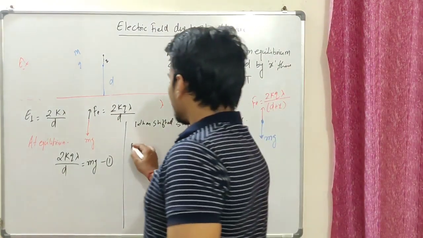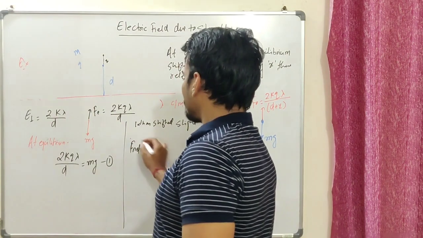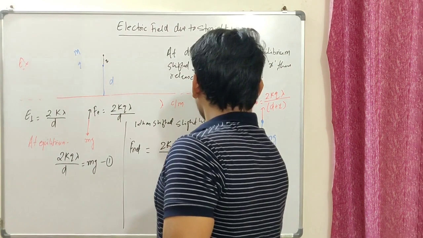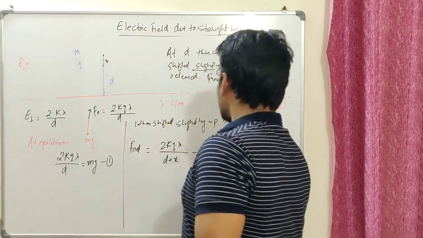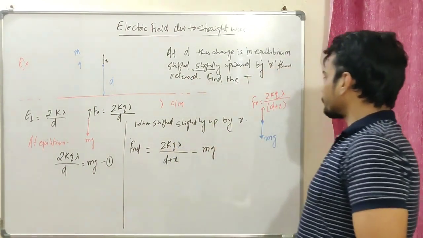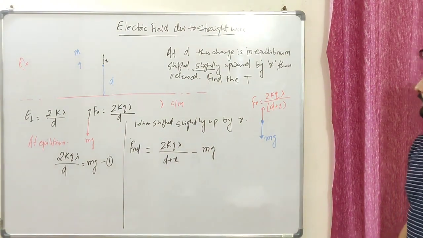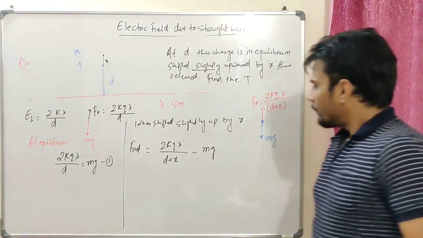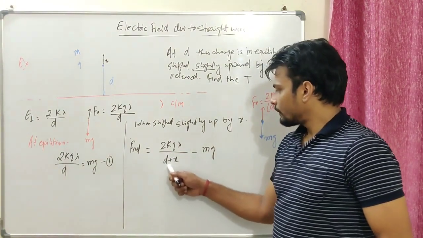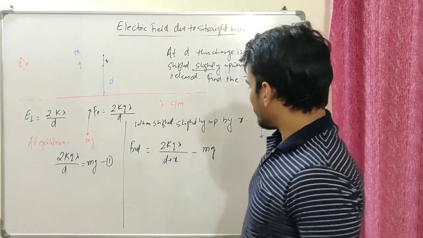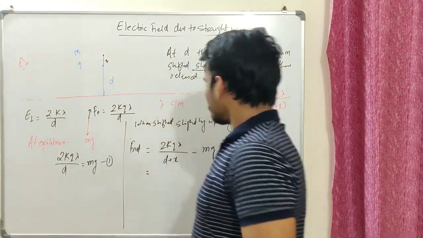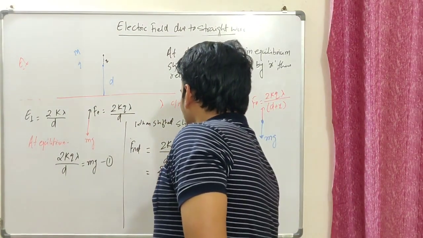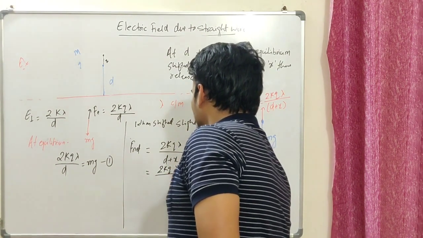So at this point, the net force acting on this, F net, should be how much? 2kqλ over d plus x minus mg. That should be the value of the net force acting on that, isn't it? Now if I solve it from here, let us try and take d common.